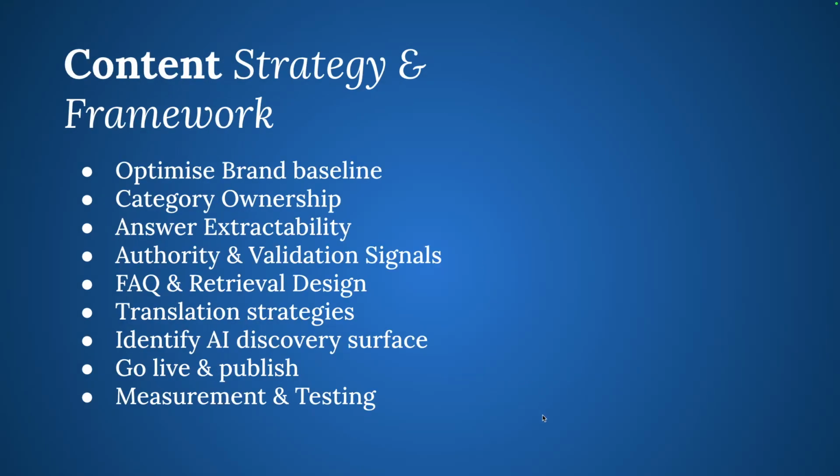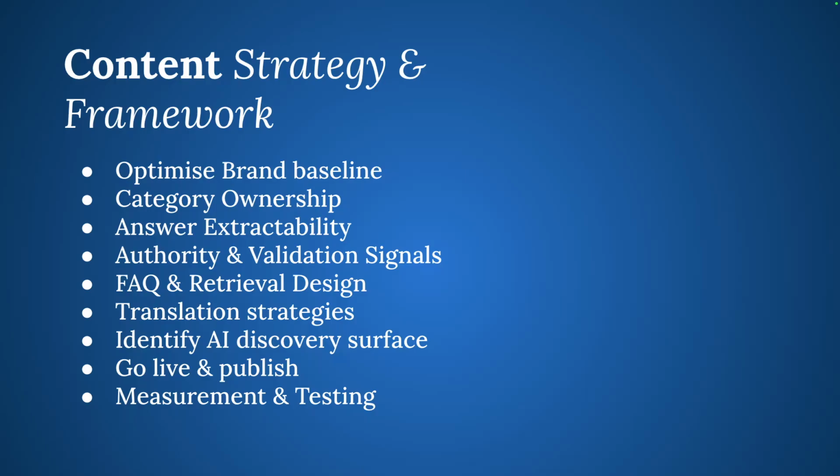So the framework we use for content is as follows. You optimize the brand baseline. This is really looking at the basics of the brand. We'll dive into it now. Then category ownership. Which categories does a brand want to own and dominate? Within the category, how easy is it for LLMs to extract answers and give these answers to customers when they're asking?